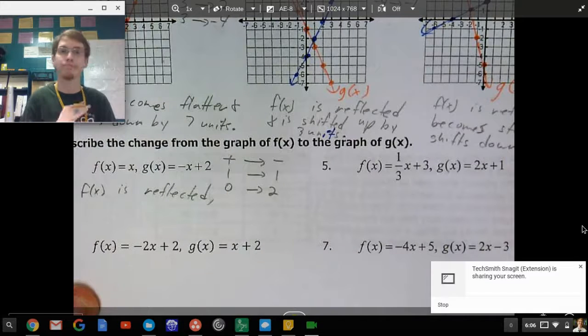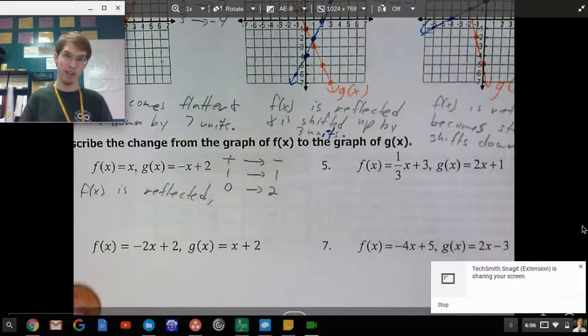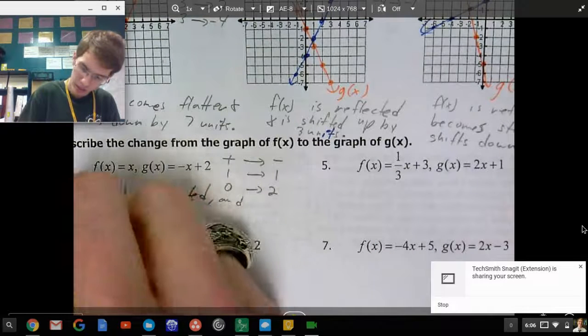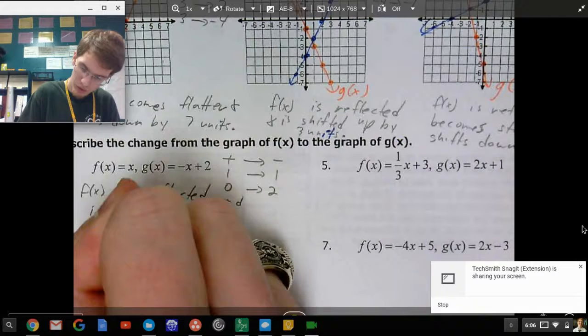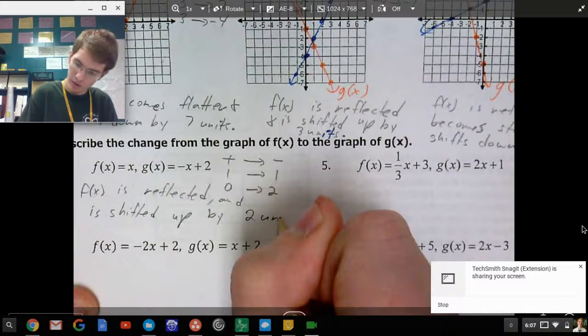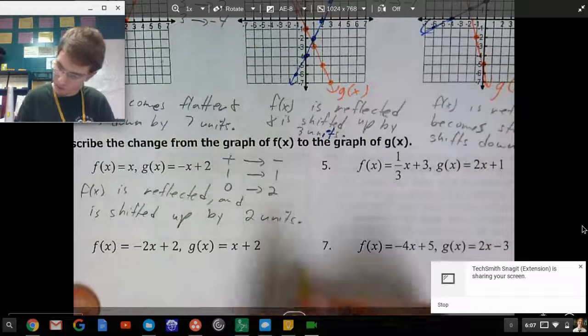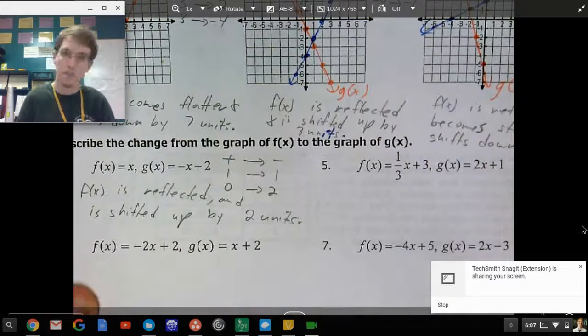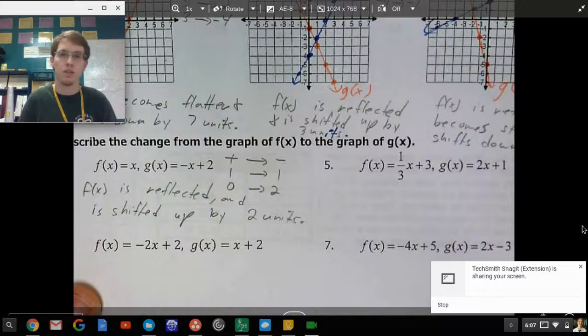From 1 to 1, not steeper, not flatter. From 0 to 2, shifted up by 2 units. So there's my total answer there. f of x is reflected and shifted up by 2 units.